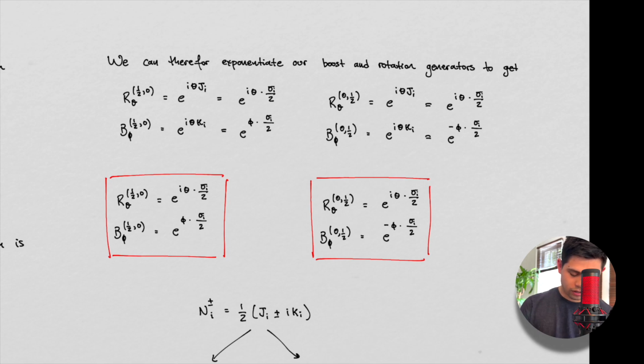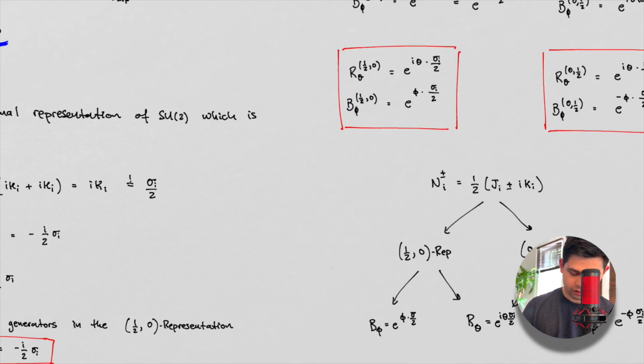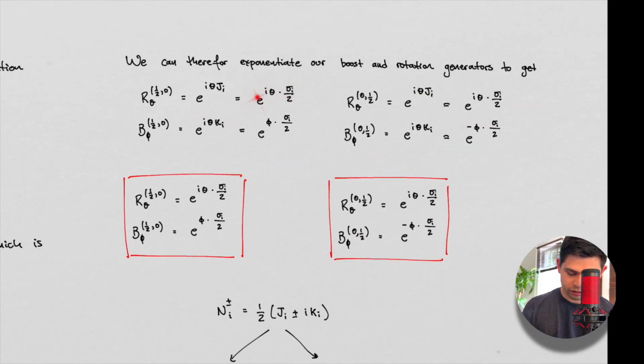So here's our rotation. Again, our rotation is an exponentiation of our generator. So if our generator down here is this guy, we just plug him into here, and we do this. So this is in this representation.